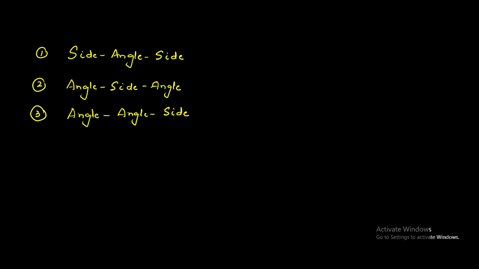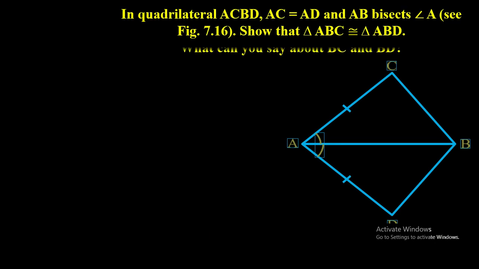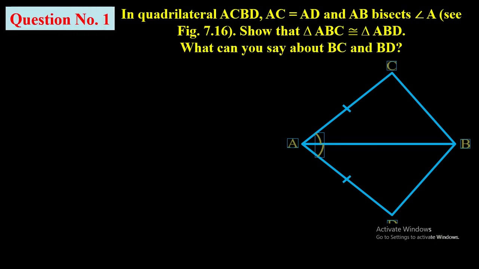Now let's use these congruence criteria to solve the NCERT exercise of class 9, that is exercise 7.1. The question number 1 here is: in quadrilateral ABCD, so we have a quadrilateral ABCD here.